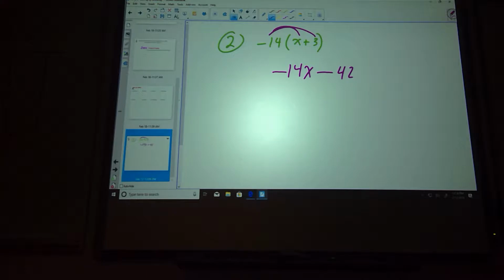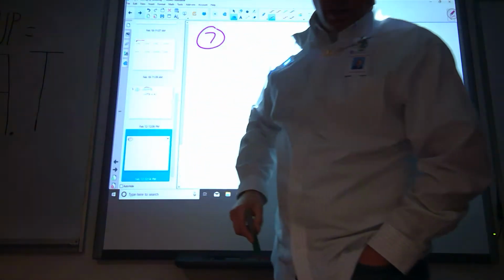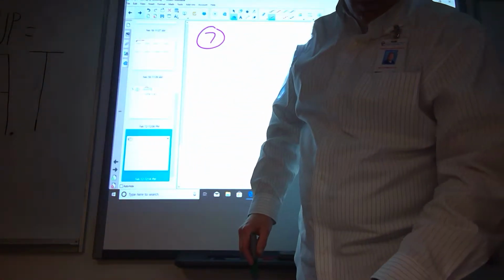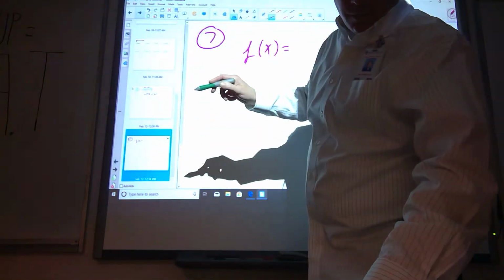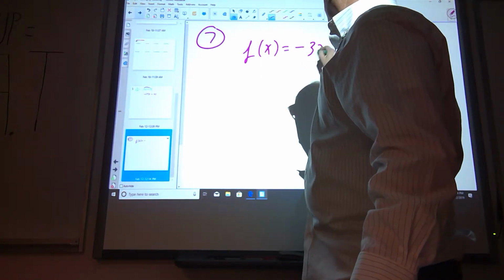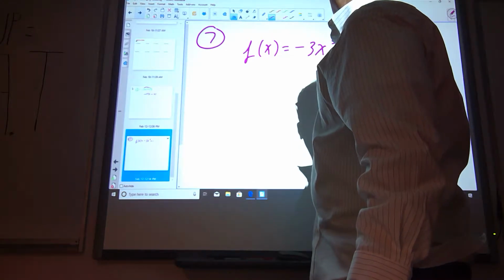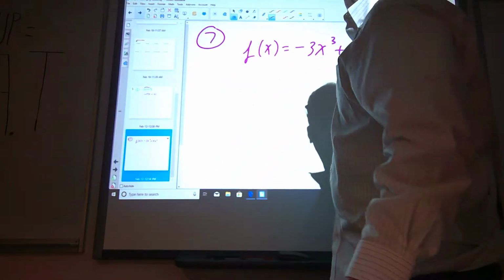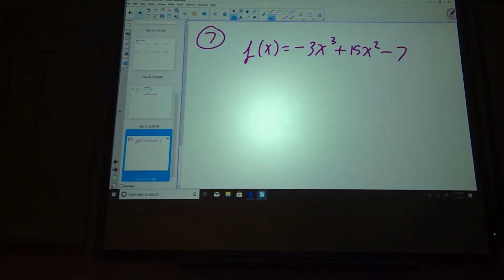Okay. What else did you see? Number 7. Now these instructions say: apply the fundamental theorem of algebra to determine the possible number of roots for the function shown.